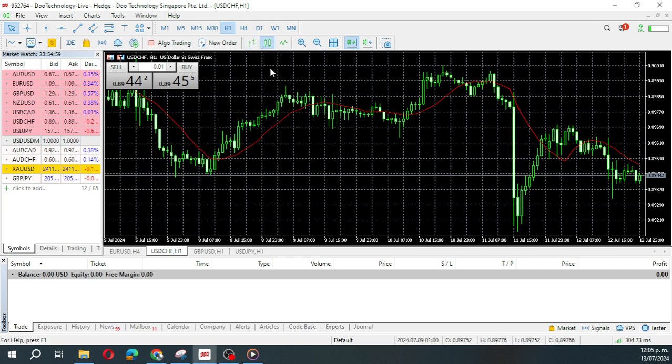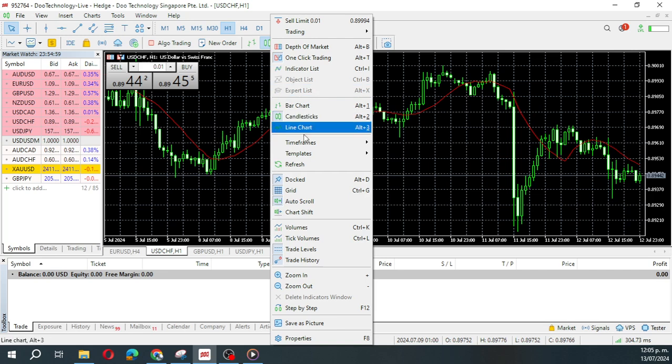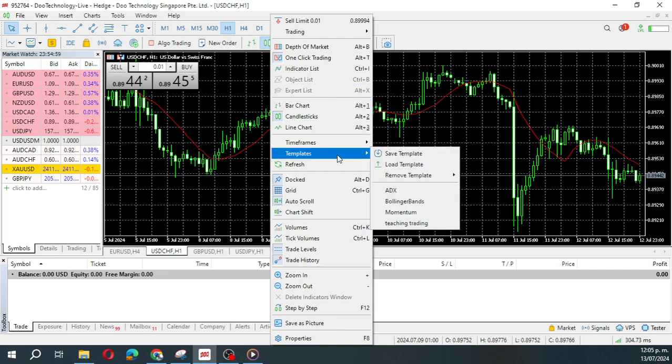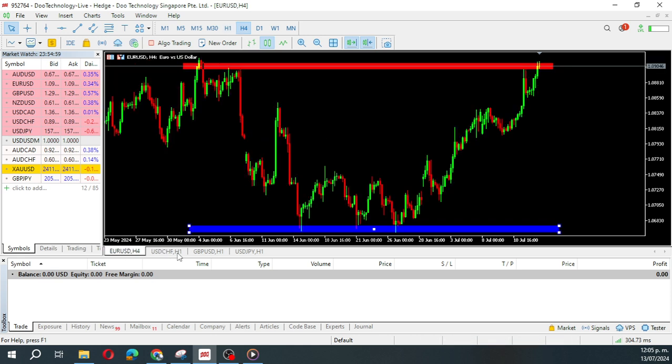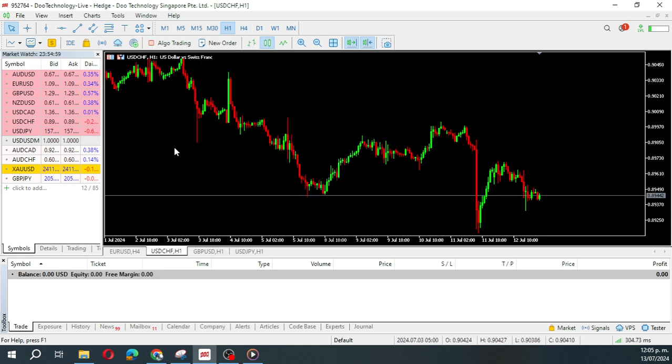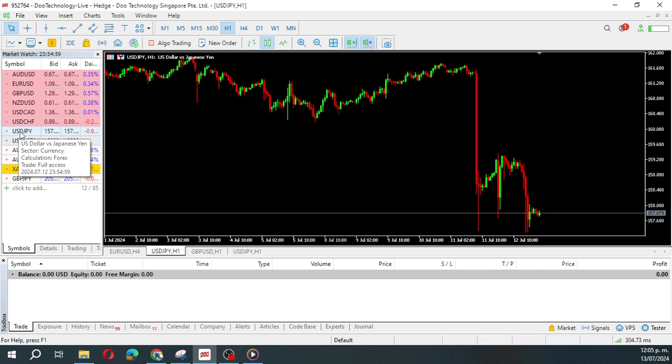I will right click, template, and this appears right here, teaching trading. I click and right. You can see the same as Euro USD, right? So it's easy. So I'm going to use USD JPY, right? So I just click and drop to this zone.